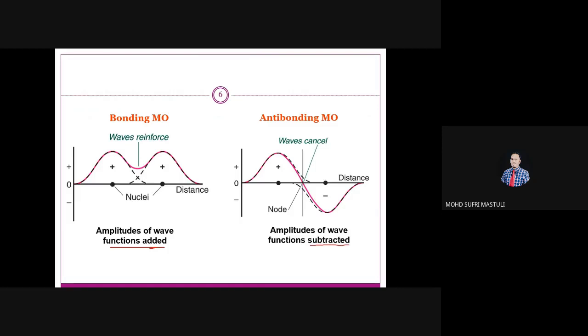So this is the analogy of the formation of bonding and anti-bonding molecular orbitals from the perspective of physics. So this one, if you want to know, you can read. If you don't want, you just ignore. You just forget it.